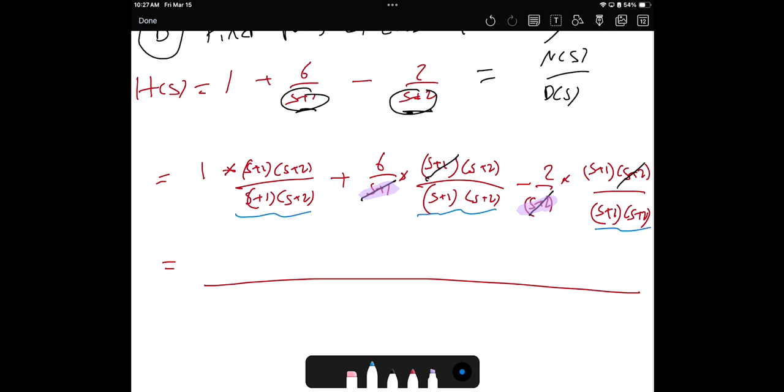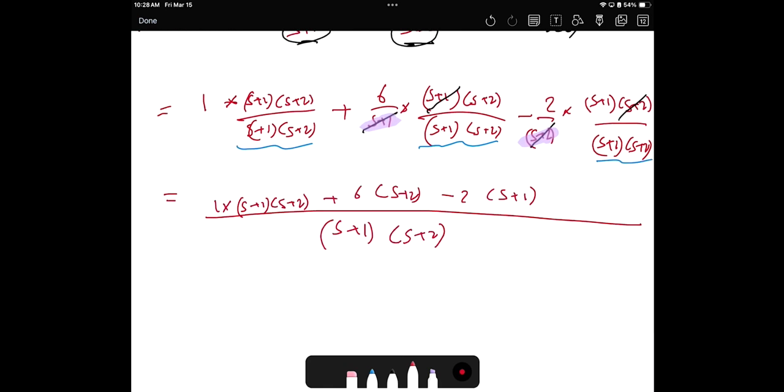The overall function remaining is 1 times (s plus 1)(s plus 2), plus 6 times (s plus 2), minus 2 times (s plus 1). Does this make sense?